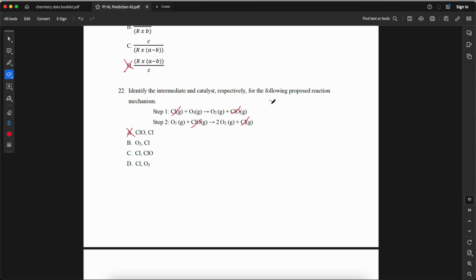So that would be 2O3 gas producing 3O2 gas. Okay, ClO is an intermediate because it is produced in one step and consumed in a subsequent step. And Cl is a catalyst because it is present at the beginning and at the end of the reaction, but it doesn't appear in the overall equation.